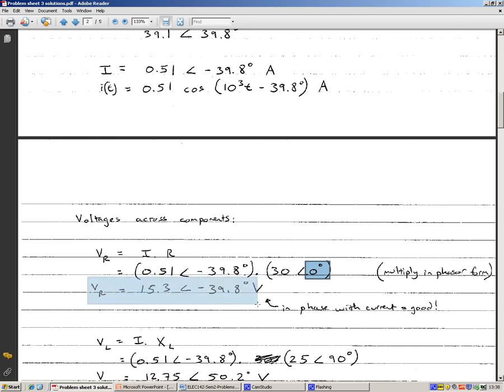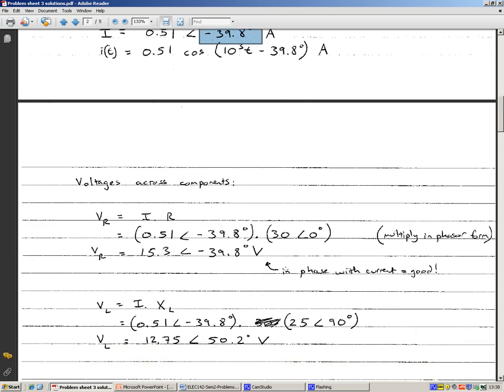So that's the expression for the voltage across the resistor. We can see that this angle is in phase with our expression for the current. The current angle was minus 39.8 as well, which is good because in a resistor, the voltage will be in phase with the current flowing through it. So we've confirmed it. That's a good double check just to make sure our answer makes sense.